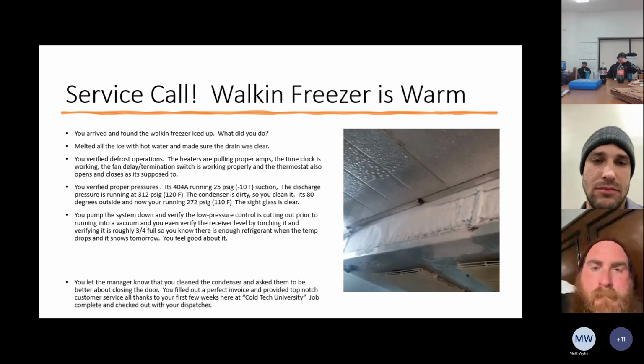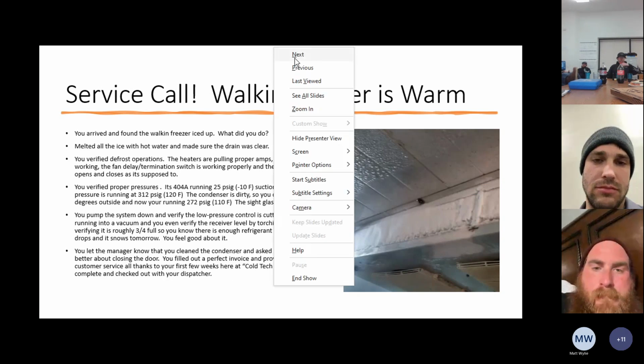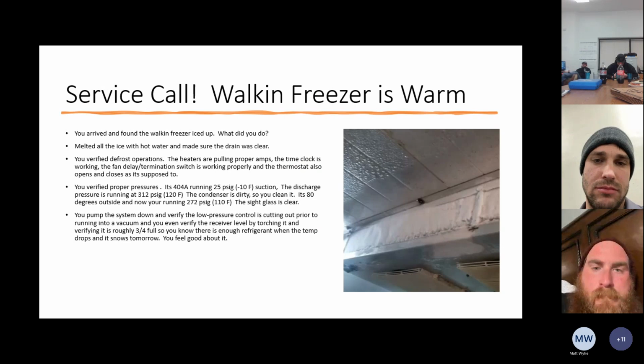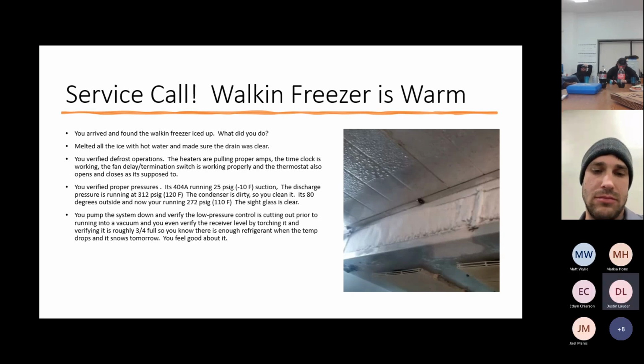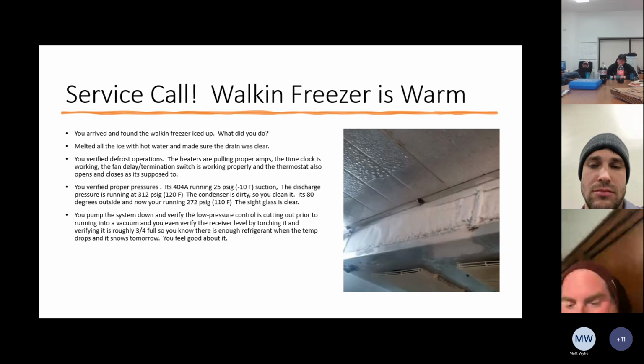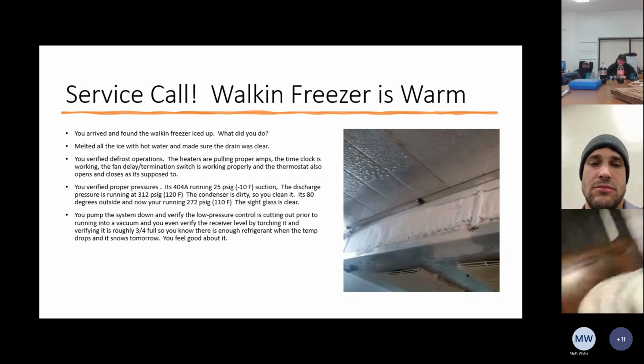Okay, let's say you have a high superheat reading. What are some things you're going to check before adjusting the expansion valve? Airflow. What else?